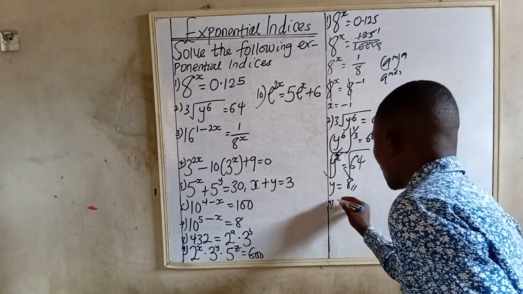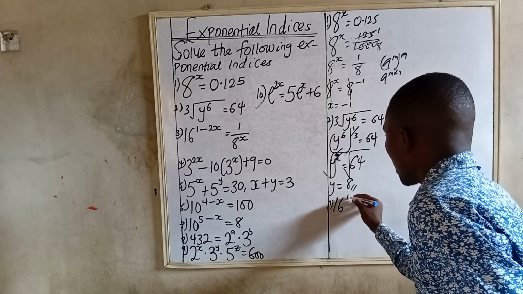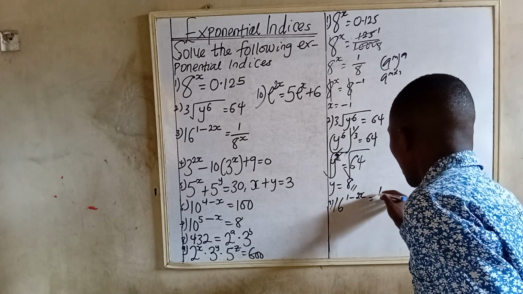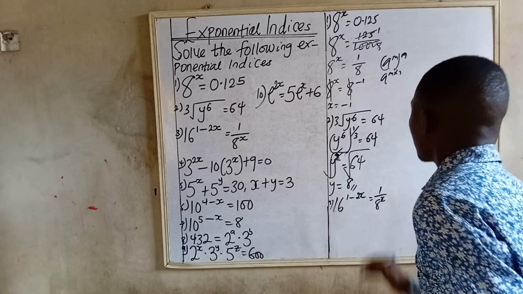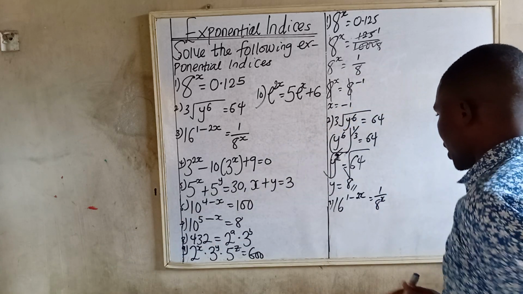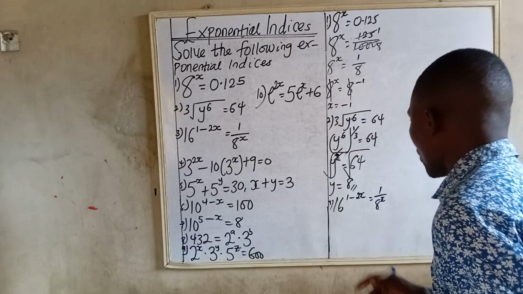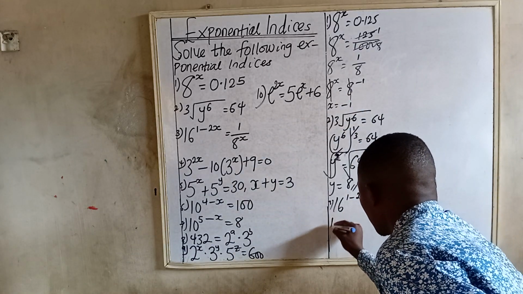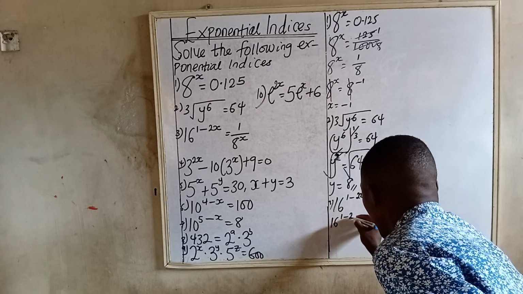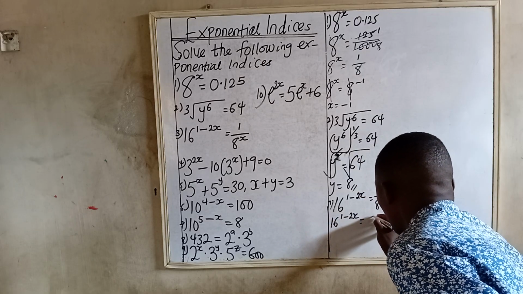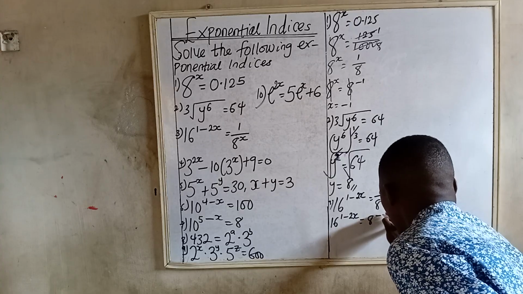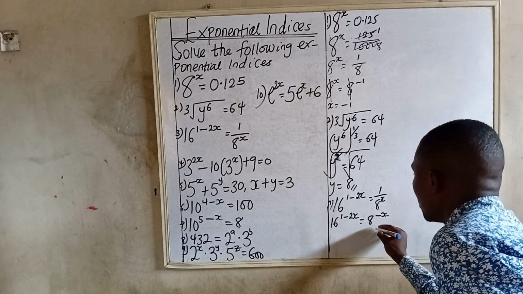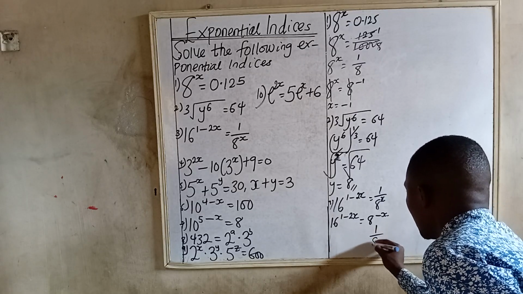Question 3. We have 16 raised to the power 1 minus 2x is equal to 1 over 8 to the power x. Here we can change this one like we did before. 1 over 8 to the power x is 8 to the power minus x.